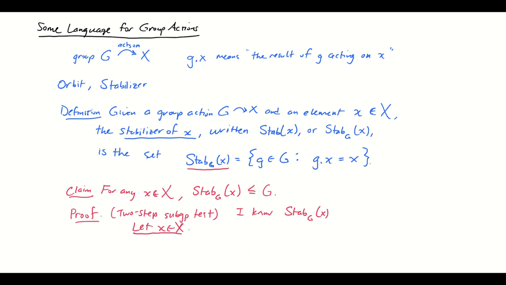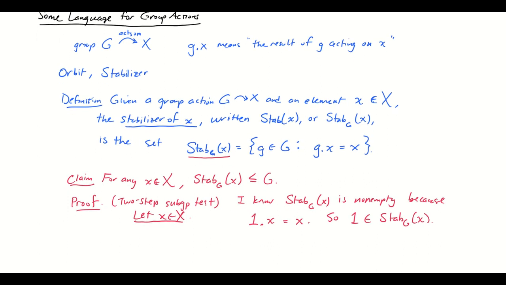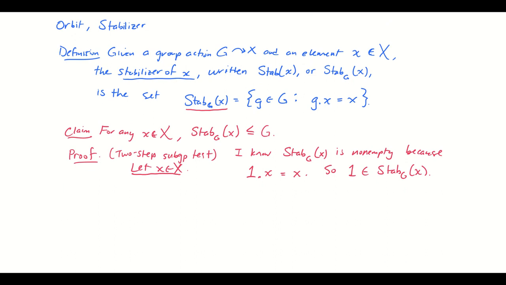So that comes first. All right, so now that I've done that, I know that the stabilizer is non-empty, because the identity of G acting on X has to produce X. That's a property of group actions. So the identity also always belongs to the stabilizer of X for any X.